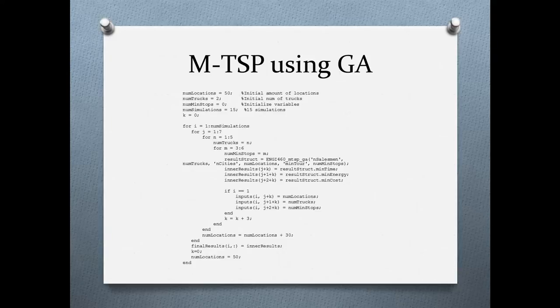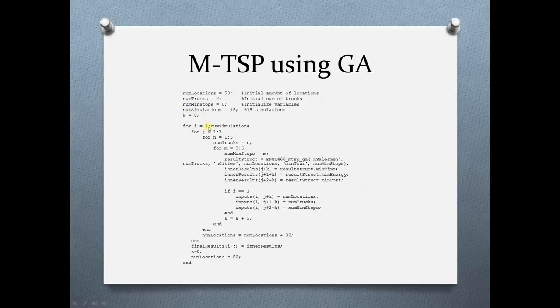So here we have a little bit of code showing how I implemented the MTSP using a genetic algorithm. What I did here was I needed to initialize the number of locations, the number of trucks, the minimum stops, and then the number of times that I wanted to run the simulation.